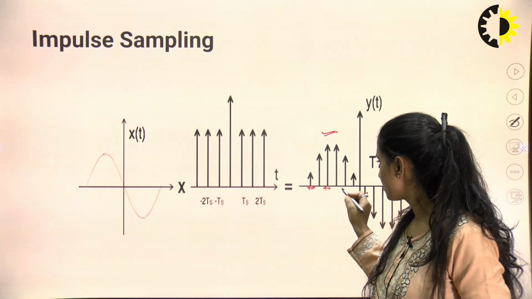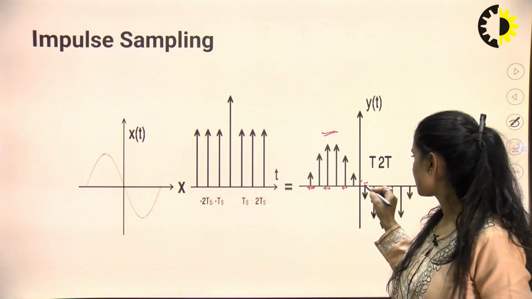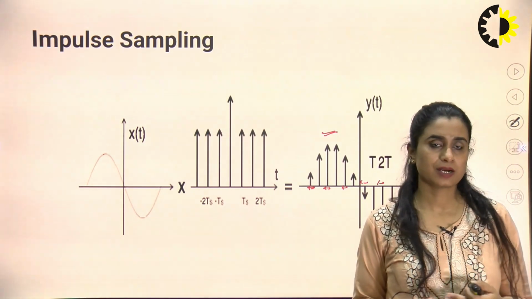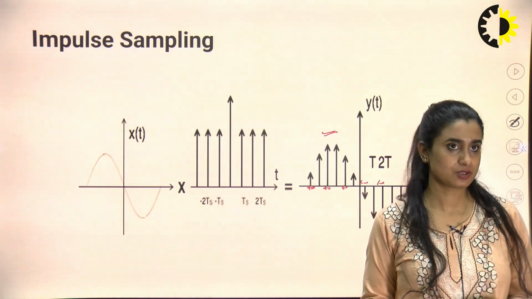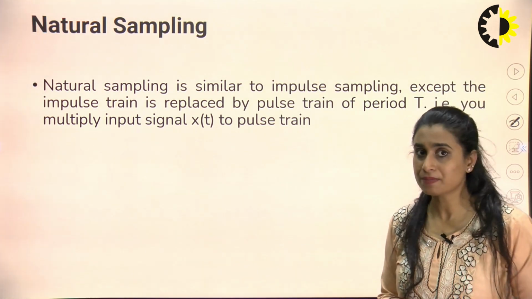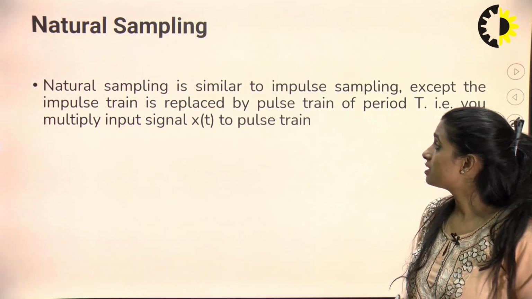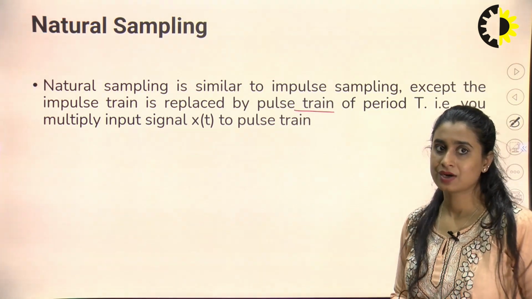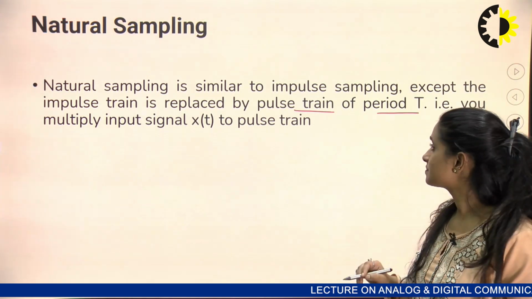Practically, this is just a classical study that we do. We usually don't use it for practically converting a signal into its corresponding samples. Natural sampling is similar to impulse sampling, except the impulse train is replaced by a pulse train of time period T.